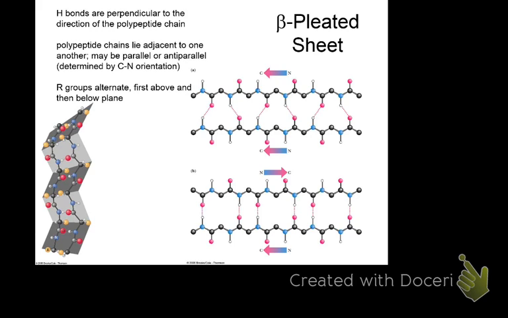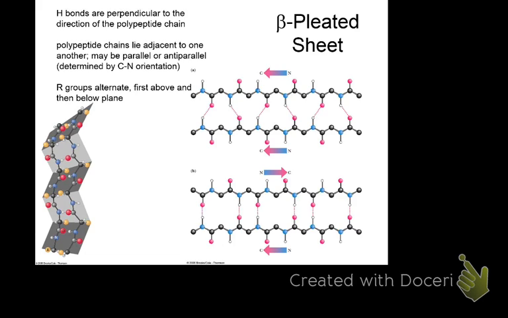So one thing I do want to point out, and it's kind of hard to see in this one, is I've already talked about the fact that the hydrogen bonds are perpendicular to the direction of the chain, and that they make straight lines in the anti-parallel, but they're kind of zigzagged in the parallel. But the R groups, which are depicted by the yellow balls on the one below it, that little pleated thing below it, it's kind of hard to tell, but they alternate.